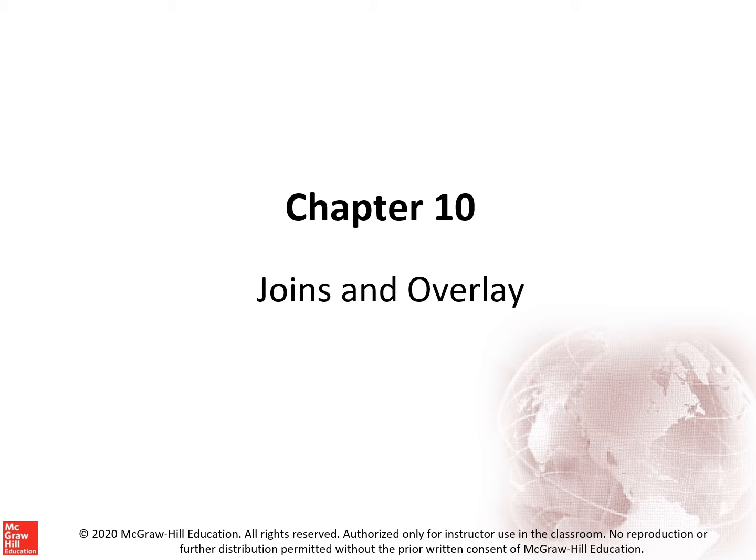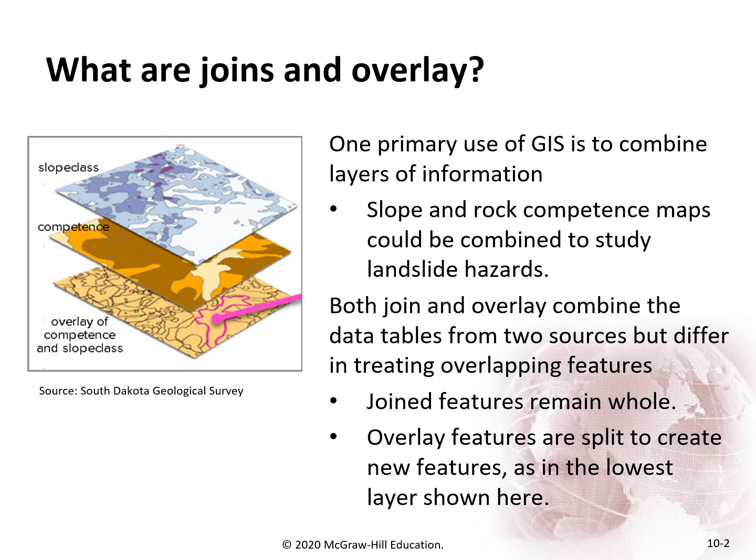All right, I'm going to talk about joins and overlays. Joins and overlays are pretty quintessential to basic GIS. It's how we bring together different sets of data to solve problems. So what are joins and overlays? One primary use is to combine layers of information. Example here, we have slope and rock confidence maps, and we're trying to figure out where landslides could happen.